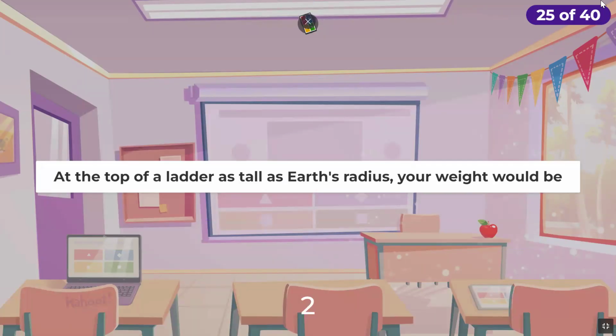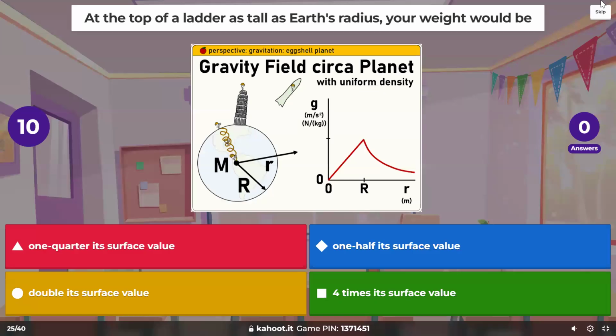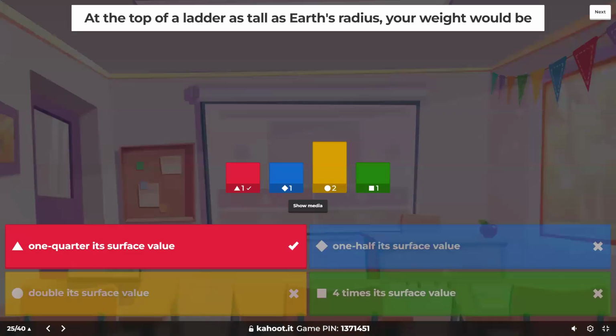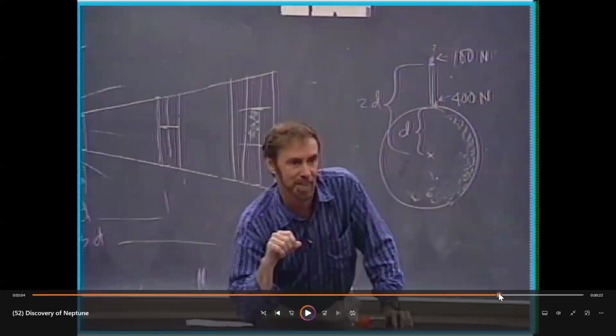Top of a ladder as tall as Earth's radius, your weight would be 1/4.